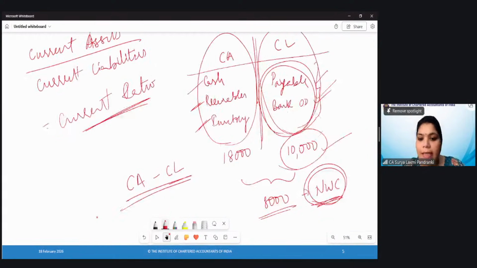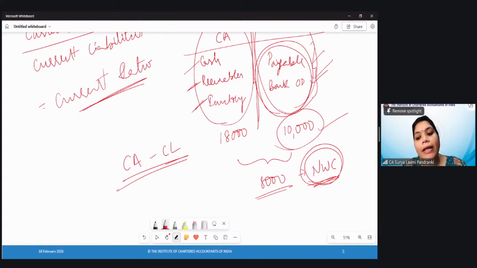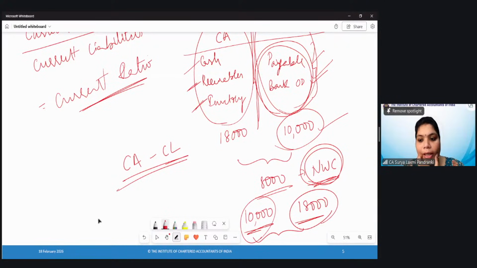Because in the same example, let's assume my liabilities are 18,000 and I only have current assets of 10,000. Can you pay off the entire 18,000 with this 10,000? That is impossible, right? I have a liability of 18,000, but the current assets that I'm having are only 10,000, which means I am in deficit.